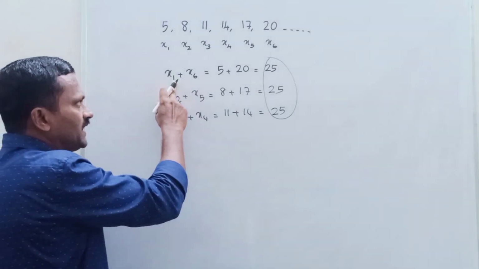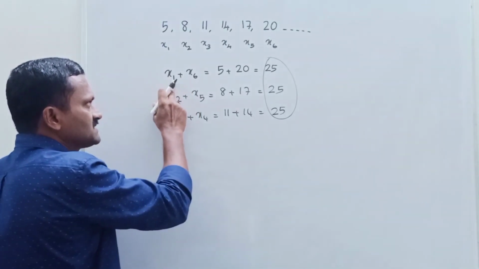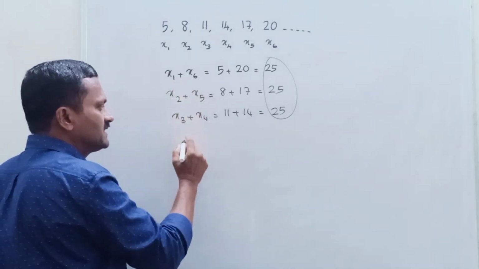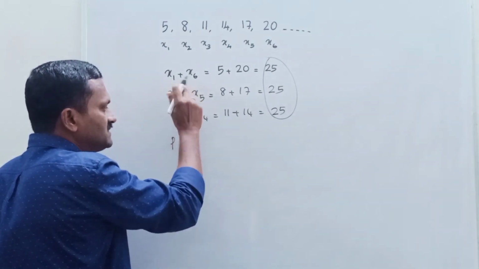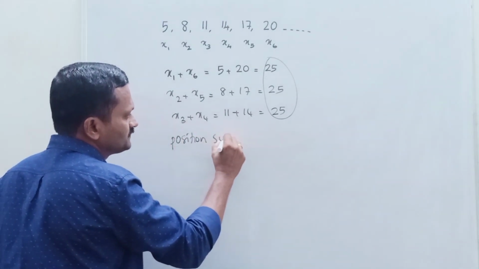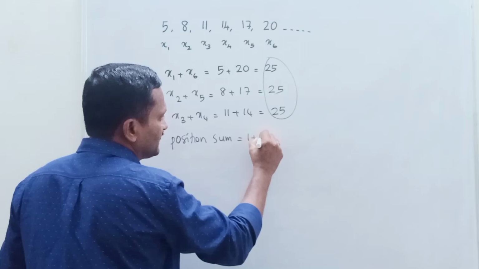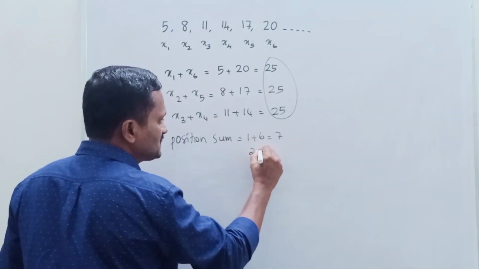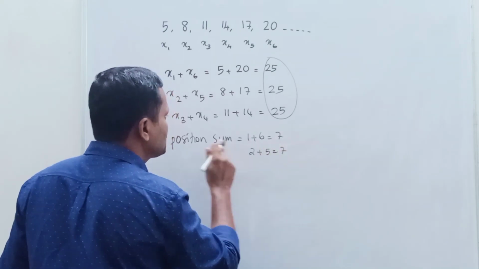We also find the sum of the positions. First we consider the first and sixth term. Then the position sum 1 plus 6 is equal to 7. Next 2 plus 5 is equal to 7.